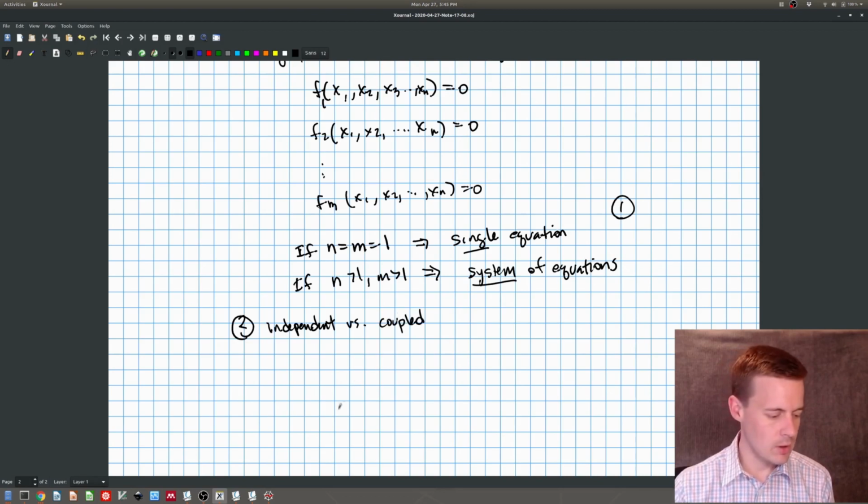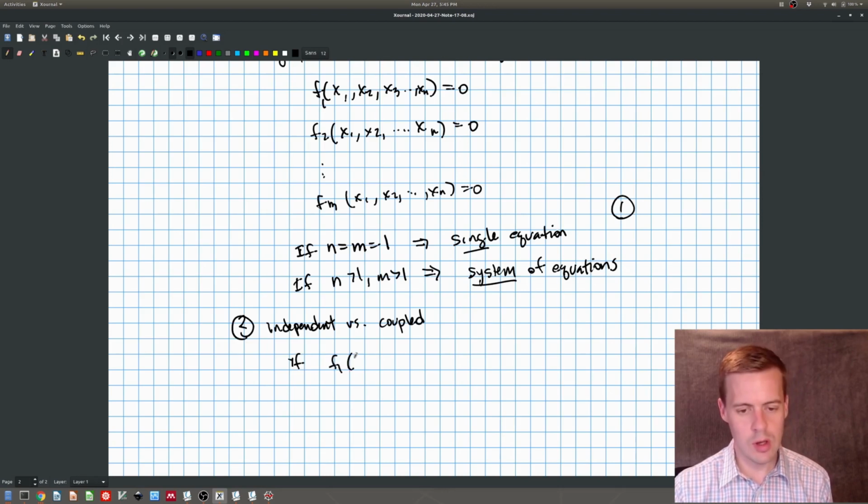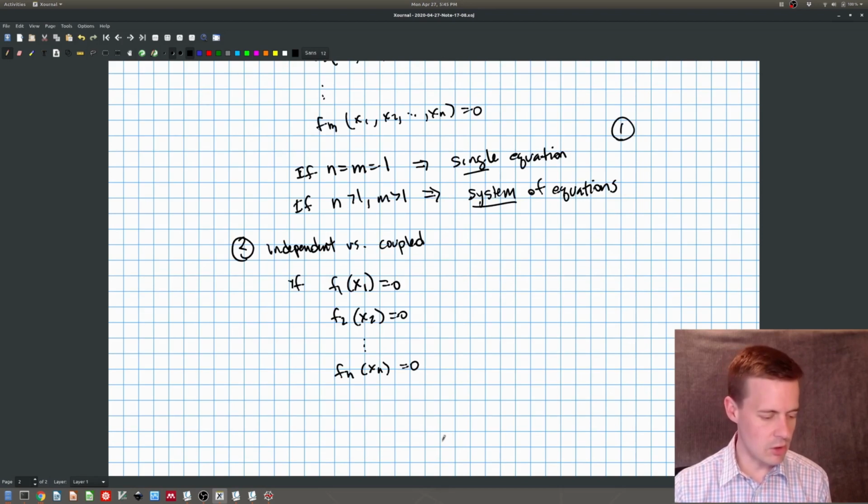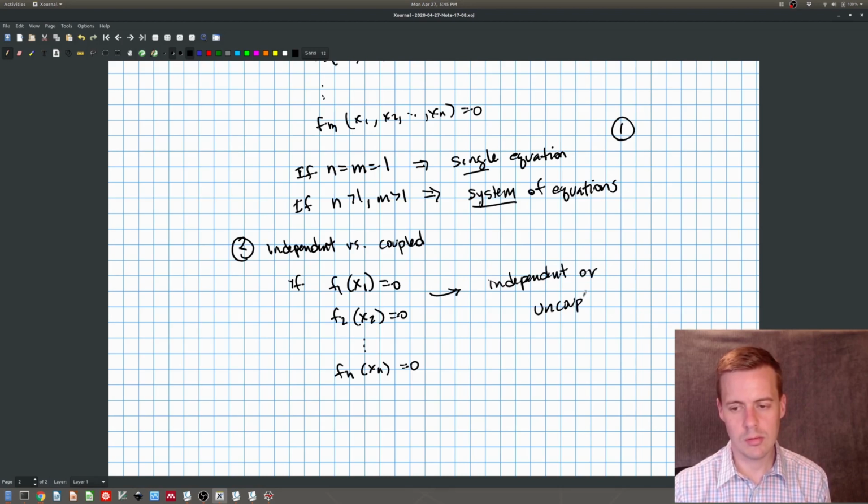So if I have f1 of x1 equals 0, f2 of x2 equals 0, to fn of xn equals 0, then these are called independent, or sometimes we say uncoupled.